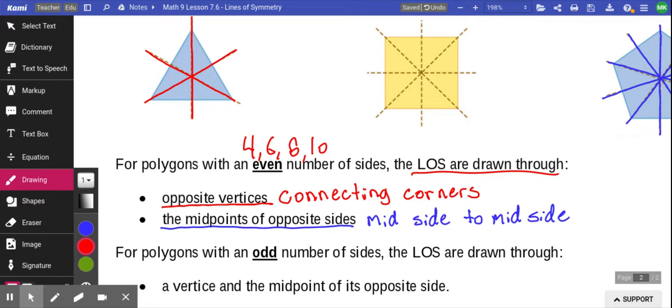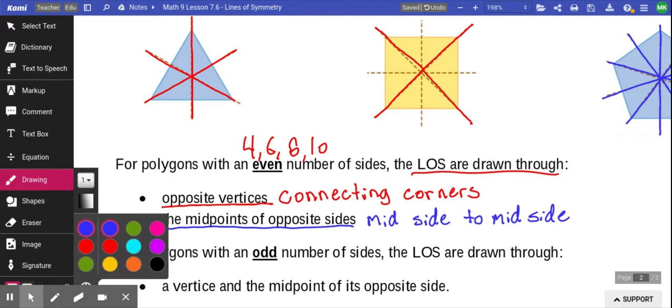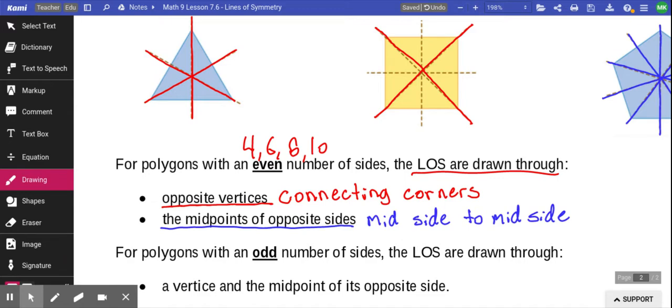That is a line of symmetry right there. If we connect the other opposite corners or opposite vertices, we create another line of symmetry. The second rule was that if we connect the midpoint of each side, so if we look, we connect the midpoint of this side length to midpoint of that side, that's a line of symmetry. And if we connect midpoint of that to midpoint of that side, that's a line of symmetry. So our rules actually do work.